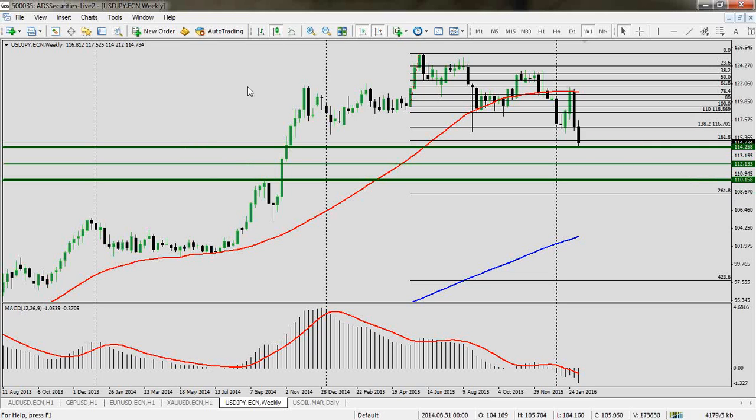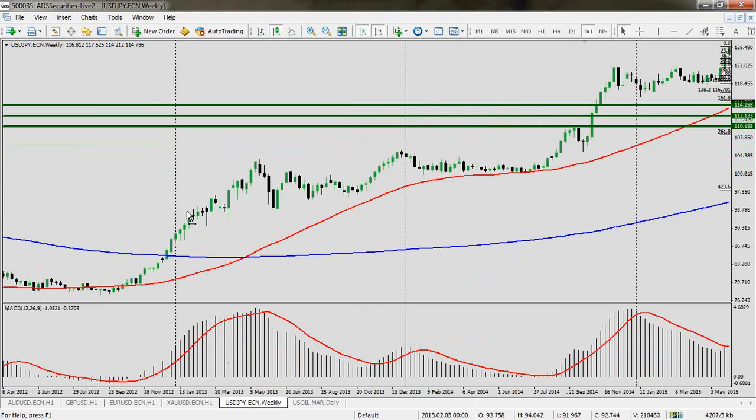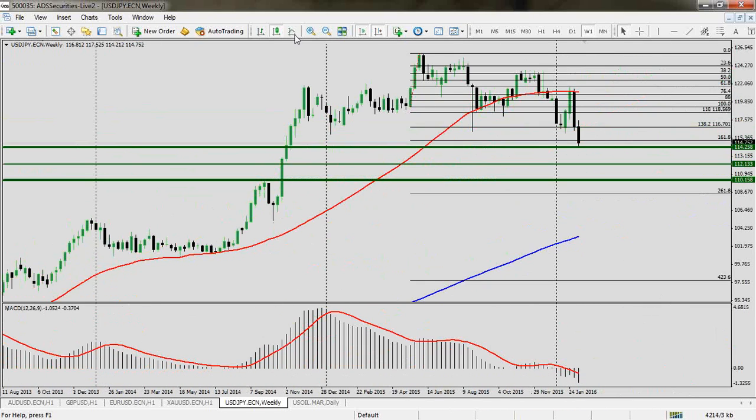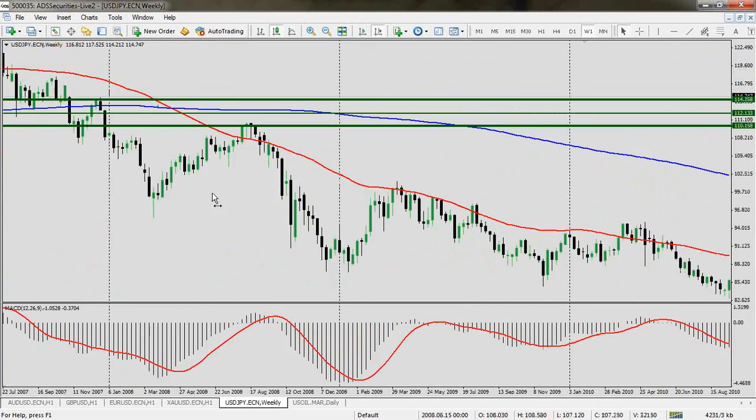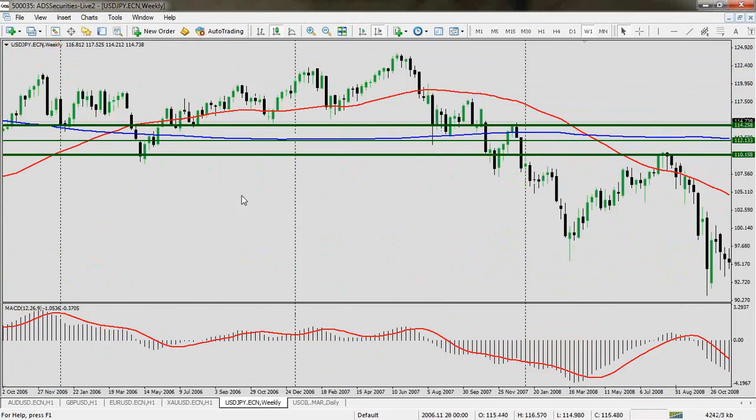If you ask me, Yagub, why are these levels so important, because they are not really Fibonacci levels, how do you define those? Basically, if you go backwards in your chart on the weekly time frame, all the way back to 2005, 2007 levels, just before the financial crisis, you will see these levels becoming massively important.